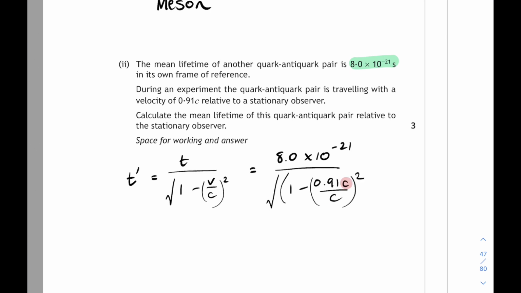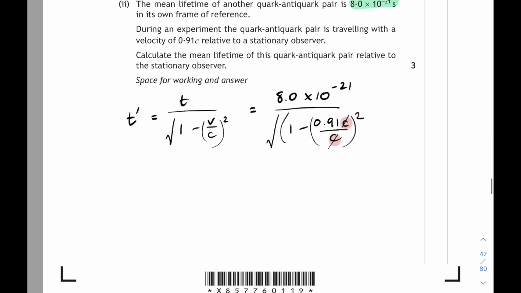The trick here is that the 2 c's cancel out, and we're left with 1 minus 0.91 squared on the bottom. So if you do that on your calculator, you end up with an answer. It should be a longer time than the 8 times 10 to the minus 21, and we get an answer of 1.9 times 10 to the minus 20, or 19 times 10 to the minus 21 seconds if you prefer.